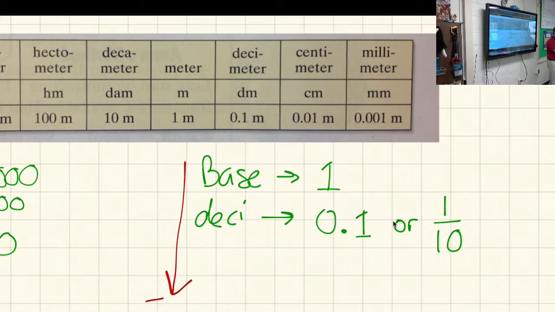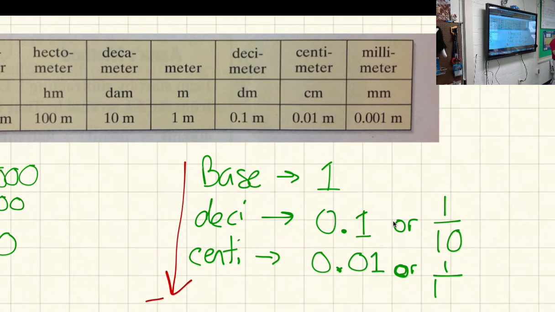Now, what's the next little part that I have to worry about? Sophia. Centi! Yes, that's right. Centi. 0.01. Or what fraction? 1/100th. 1 over 100.